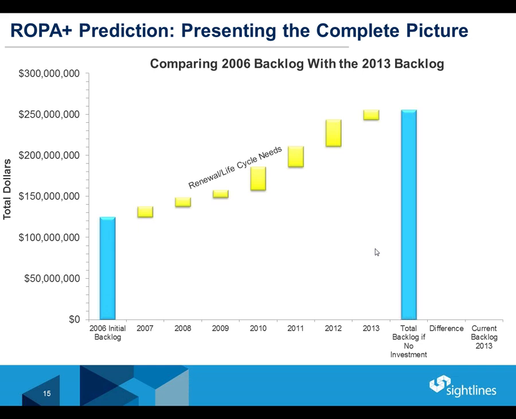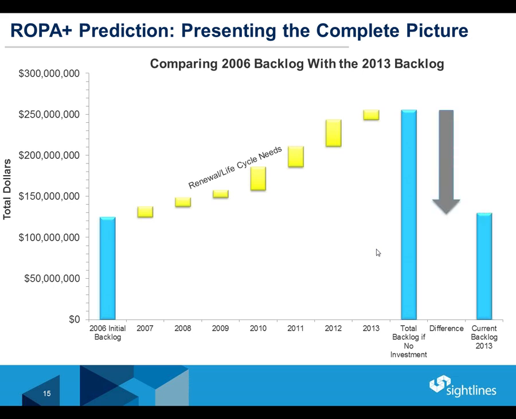And then we have these yellow boxes. These yellow boxes represent the renewal or life cycle needs that are coming due on an annual basis. So this assumes that based upon that 2006 initial backlog, if this institution were to invest $0, their backlog would grow by 2013 to over $250 million. But we know that their current backlog in 2013 is $130 million.